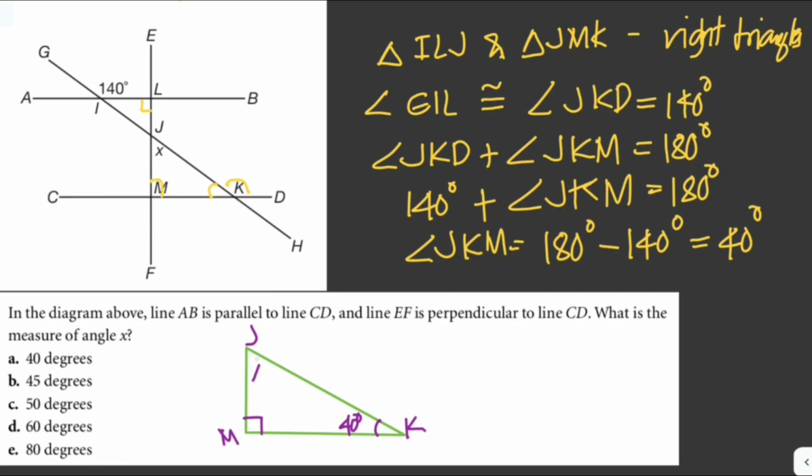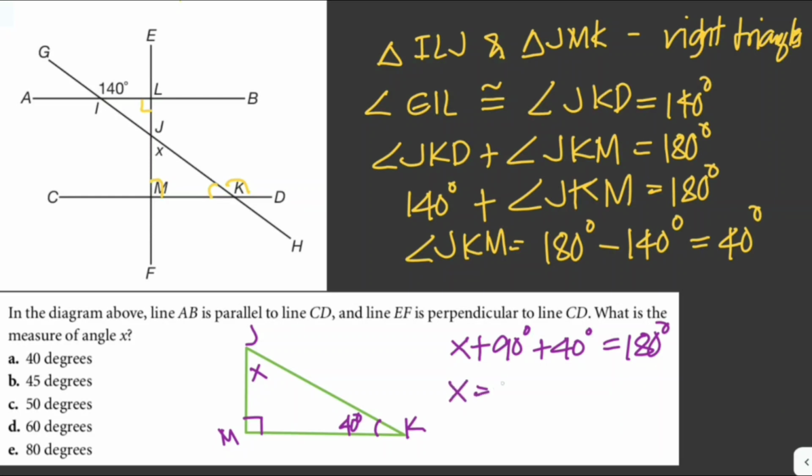And then this is our X. We are asked to solve for the measure of angle X. Since the measure of the angles in a triangle add up to 180 degrees, we can just add them up to solve for the value of X. So x plus 90 degrees plus 40 degrees equals 180 degrees.